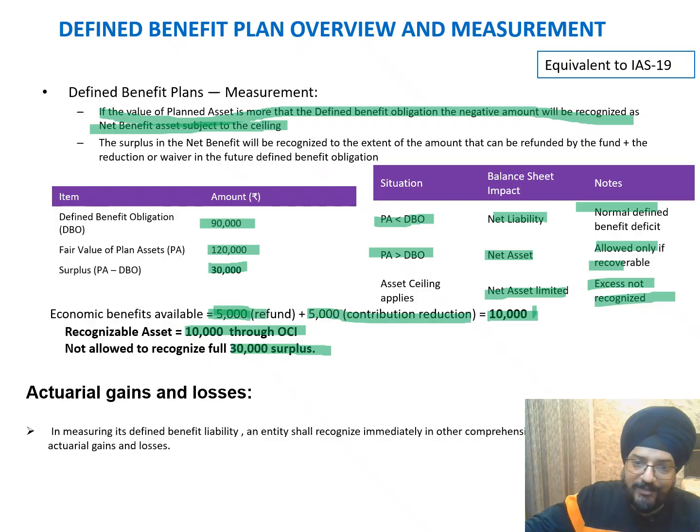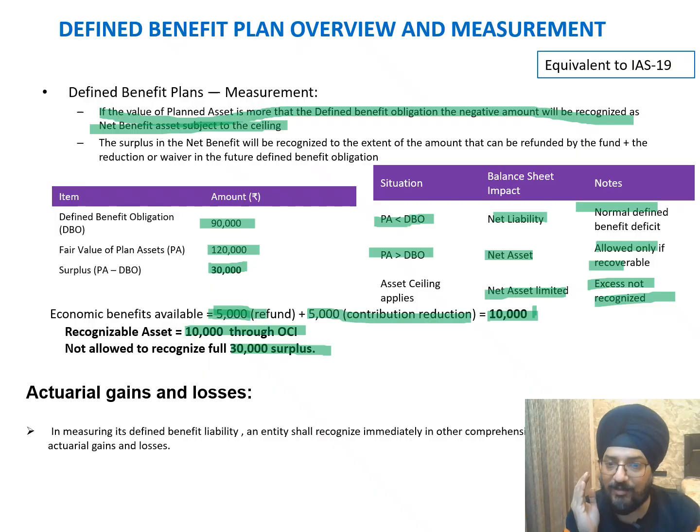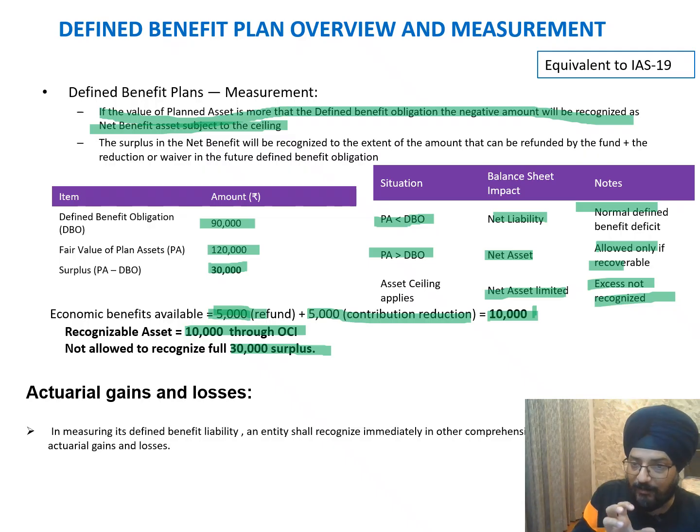We have to recognize the net asset subject to the ceiling, and that ceiling depends upon the amount of the refund or the reduction or waiver in the contribution that is being availed in that particular period. So our total surplus will be limited to that amount only, and only that portion will be recognized by debiting our net assets and crediting the OCI.